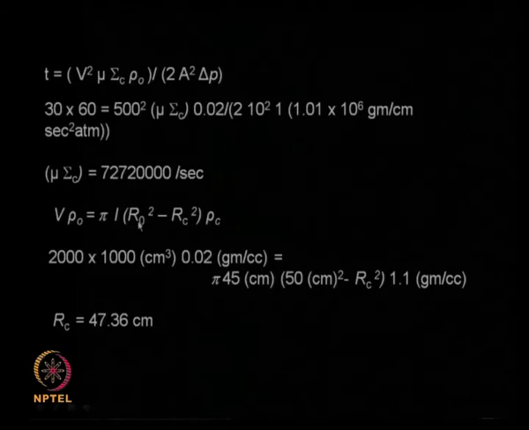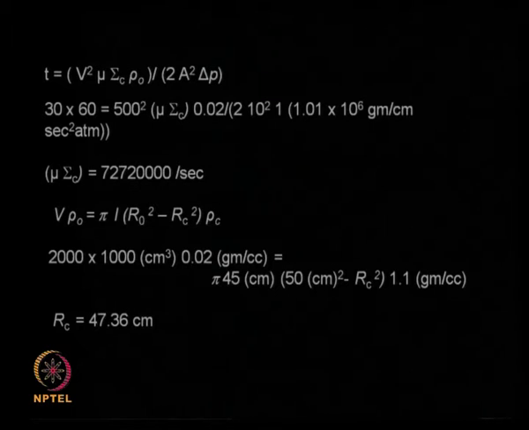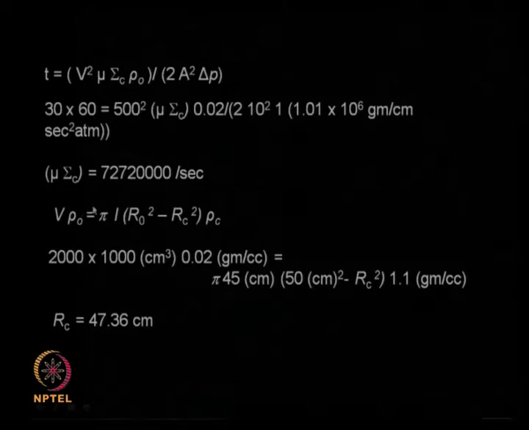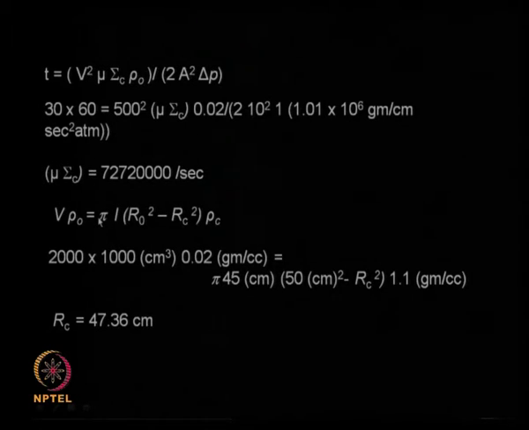So you have V into rho naught, V is the volume that needs to be filtered in liters, so we can convert that into cc, and then rho naught is the density, so that gives the amount of solid material that needs to be filtered, that is on the left hand side. Now on the right hand side we have the amount of solids that is going to get accumulated in the centrifuge.